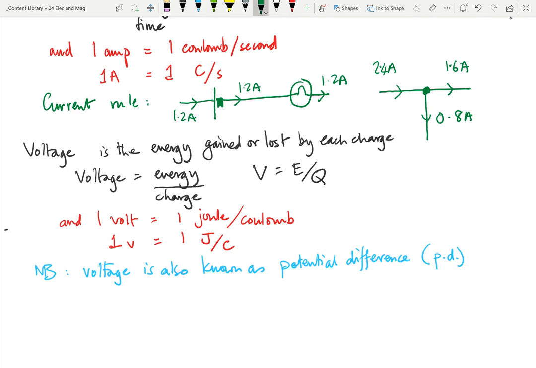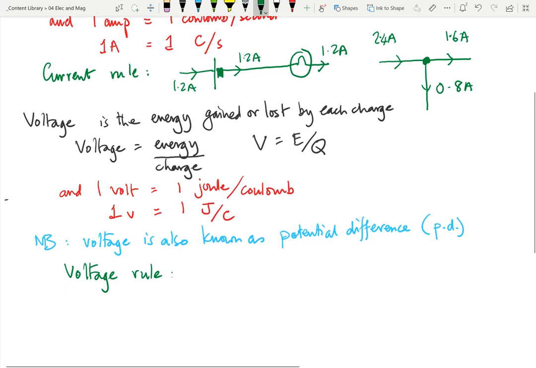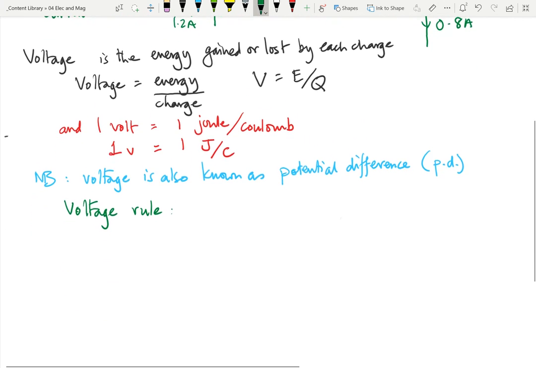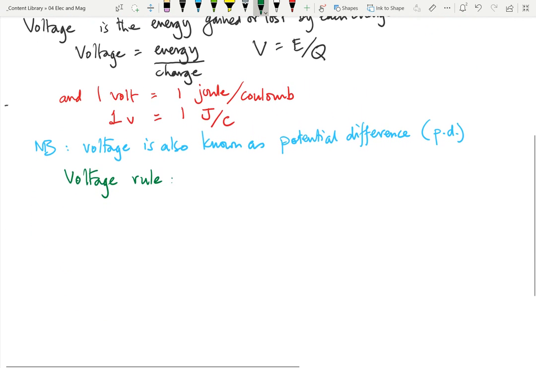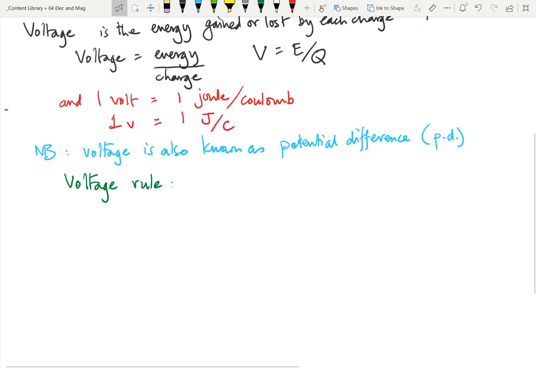And finally, we also have the voltage rule. Now, I said that as far as current was concerned, current was never used up. You could divide at a junction, but it's never used up. It's the volts that are used up. So what we've got is again best shown by an example, because it's quite hard to explain this.